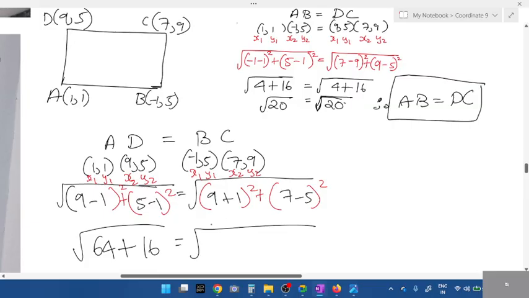X2 minus x1. 9 minus 1 the whole square. 8 square 64. 4 square 16. 4 plus, just a minute. Exercise 21C, last question.